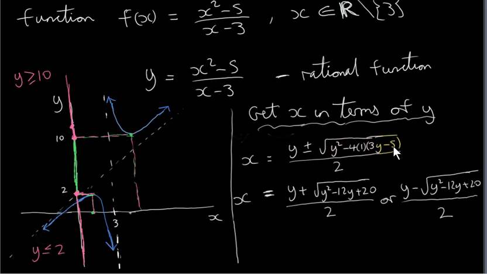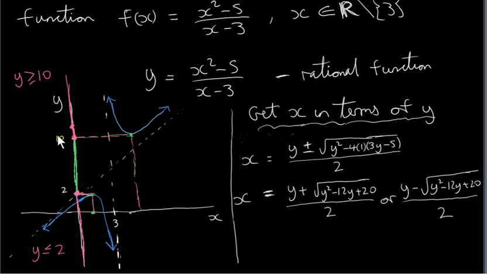Simplifying inside the square root sign, we get y squared minus 12y plus 20. So here are the two expressions for x we got from taking the plus sign or the minus sign. As a matter of fact, this first expression for x corresponds to this part of the curve.